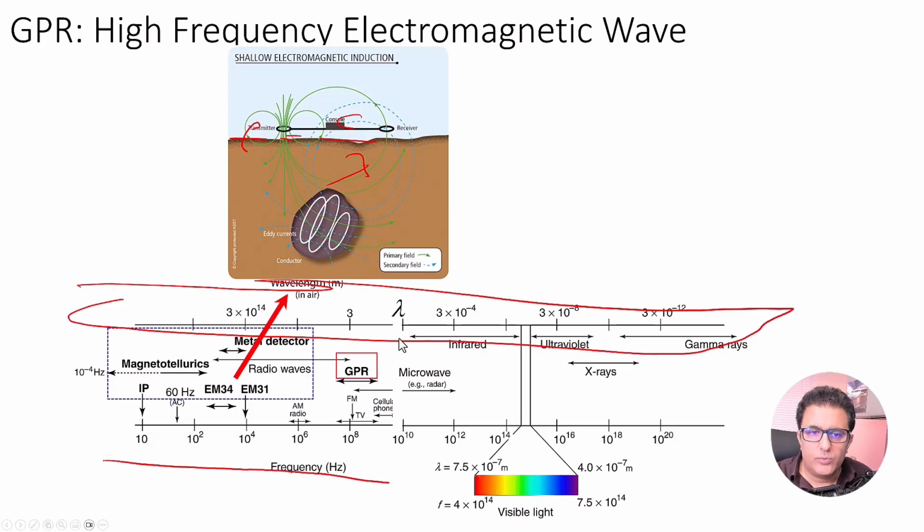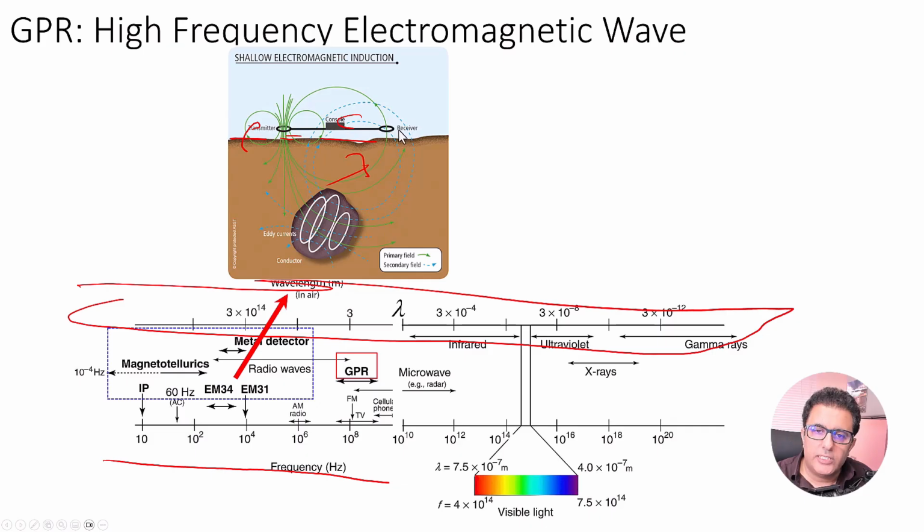So how does it work? If we produce an electromagnetic wave in an object, then it's going to produce an eddy current. So assume that we have a coil on the surface that produces electromagnetic waves in the order of kilohertz. What's going to happen if we have an object below the surface? You see that an eddy current is induced in that object, and as a result of the eddy current, we're going to have a secondary magnetic field.